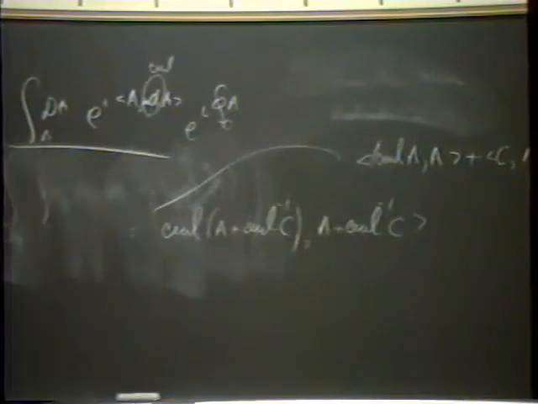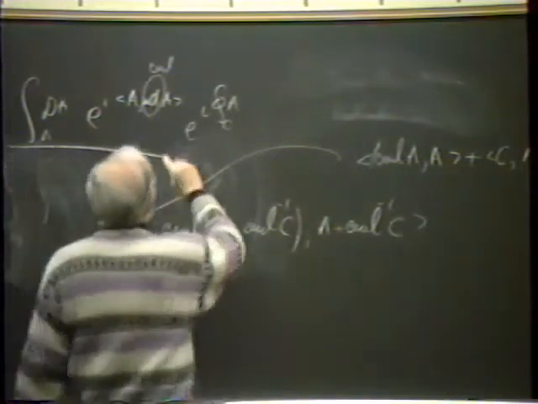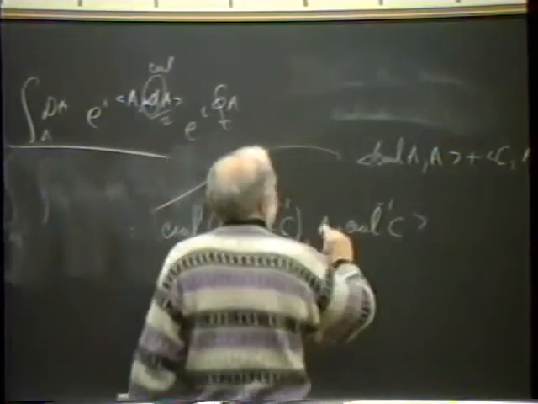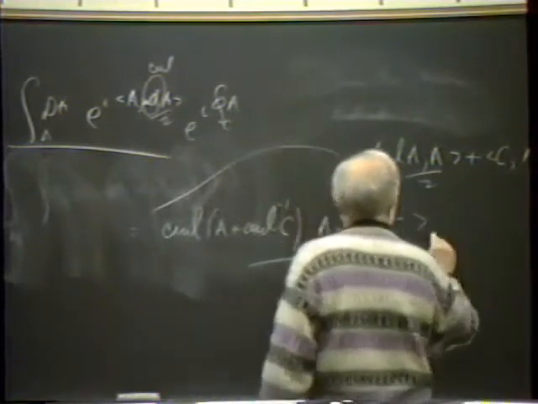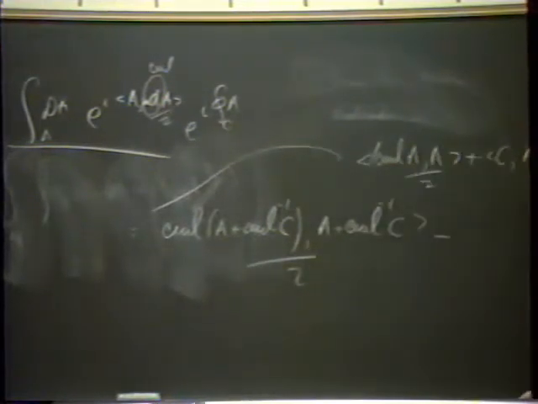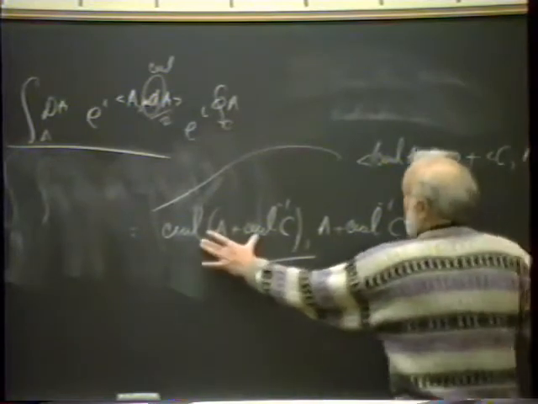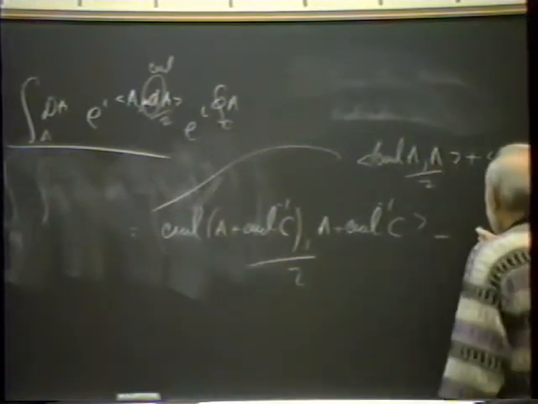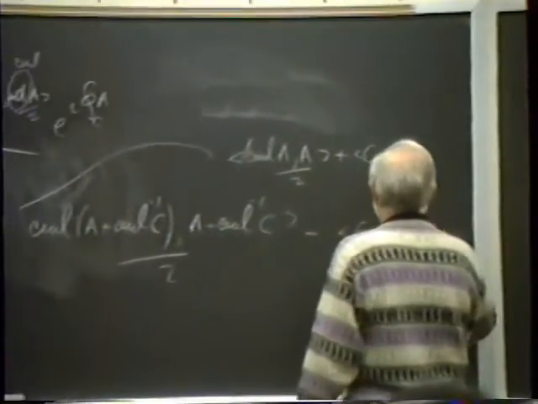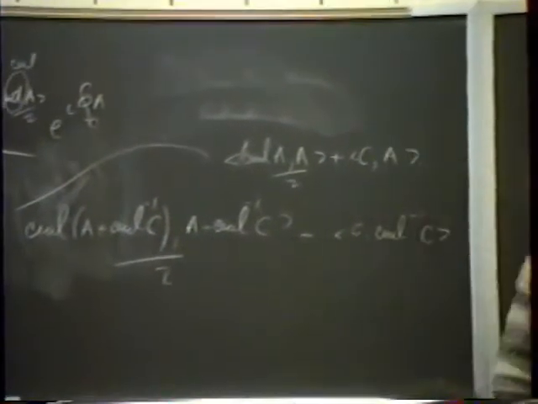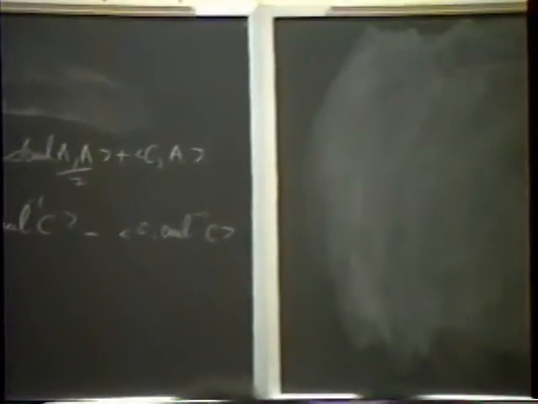Whenever you have a quadratic, you should put a half on the whole thing. So I really want to deal with a half here, put a half here, and then I'm going to have to subtract off the last term, which is this times this, or C curl inverse of C. That's what it looks like.